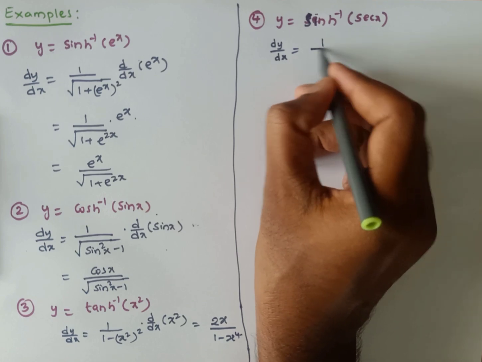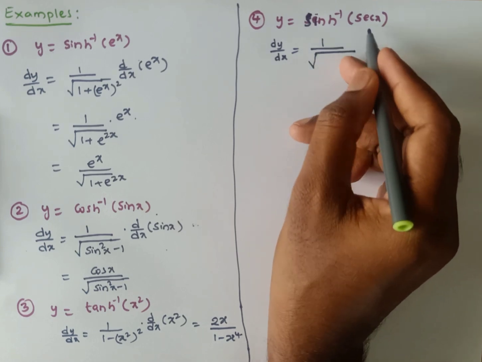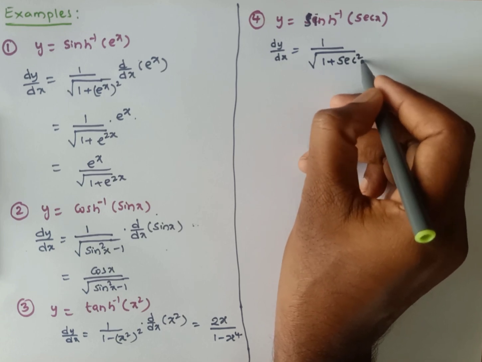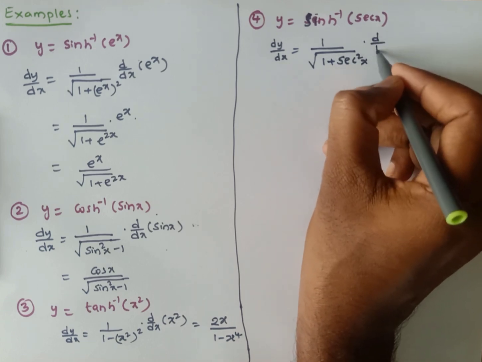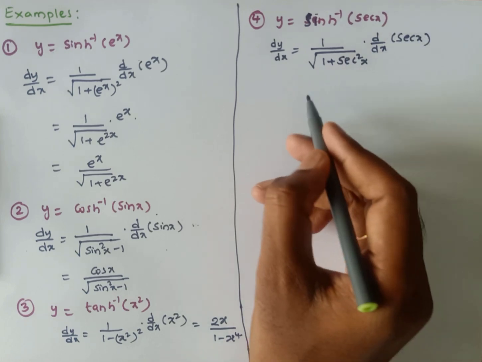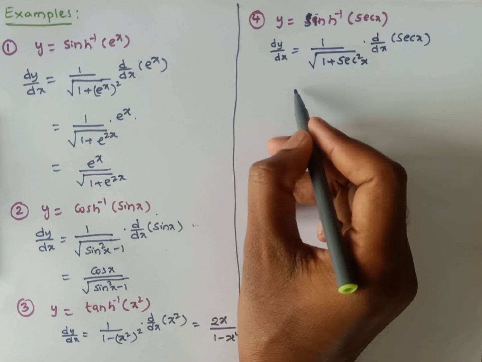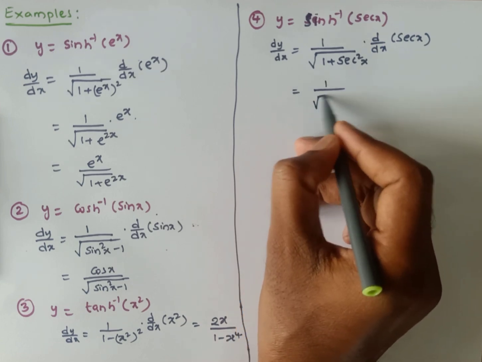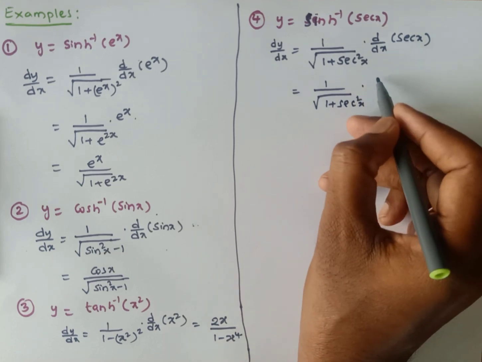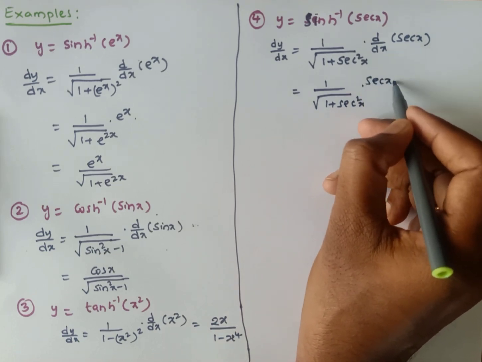So this is 1 divided by root of 1 plus secant square x, into d by dx of secant x. The derivative of secant x is secant x into tan x.